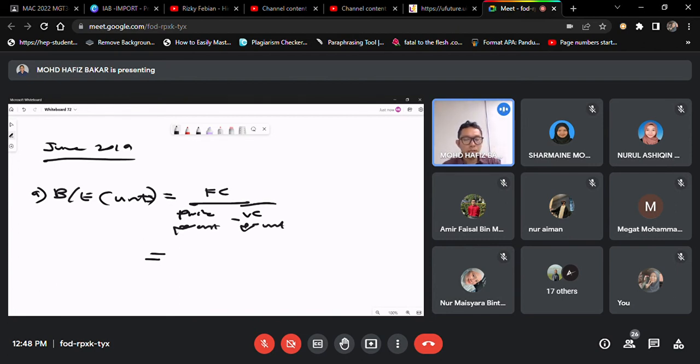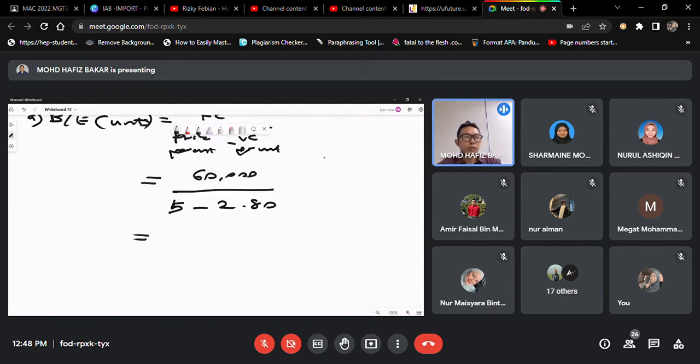Fixed cost is 60,000 ringgit. Price per unit 5 ringgit minus variable cost per unit is 2 ringgit 80 cents. So solve the equation. 5 minus 2.8, 2.2.